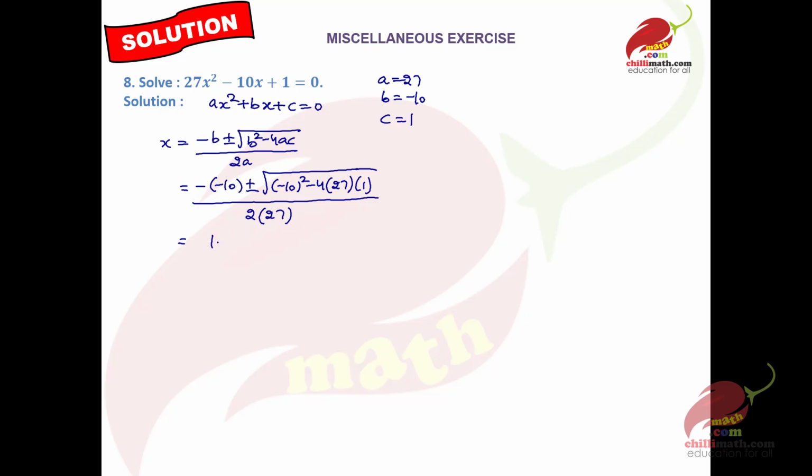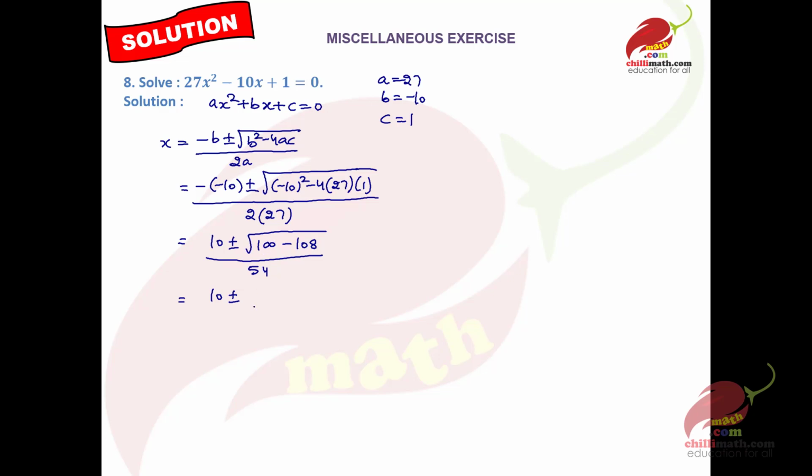On solving, minus of minus 10, that is 10, plus minus square root of 100 minus 4 into 27, 108, over 2 into 27, 54. On solving, 10 plus minus square root of 100 minus 108, minus 8.